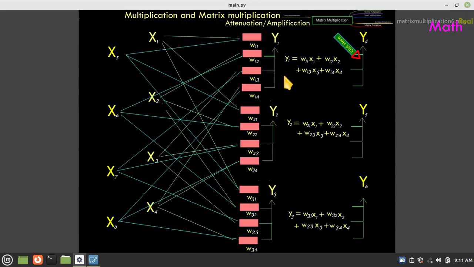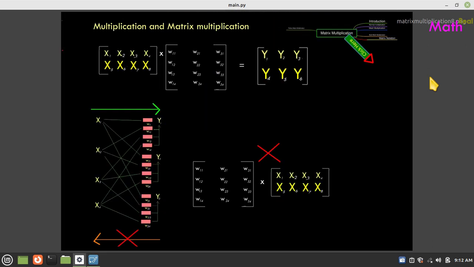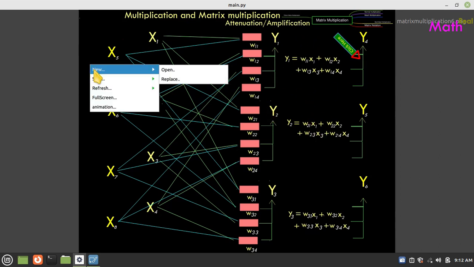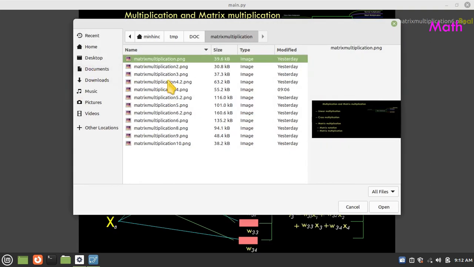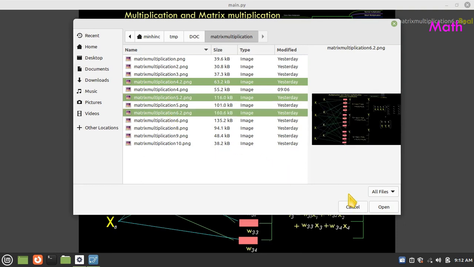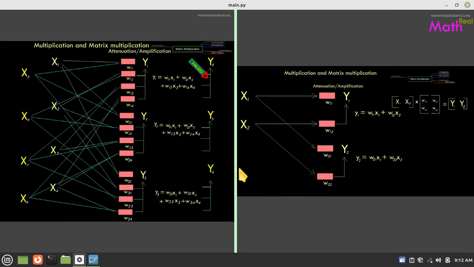What about this? Can we go for a simple solution, a simple notation?